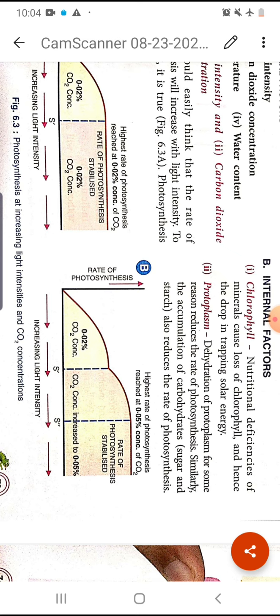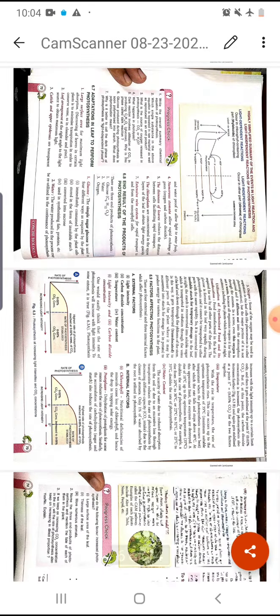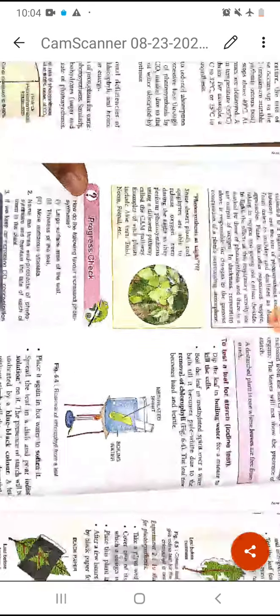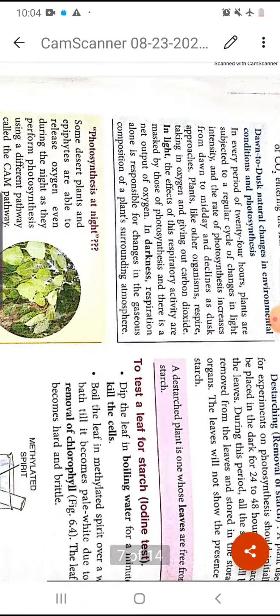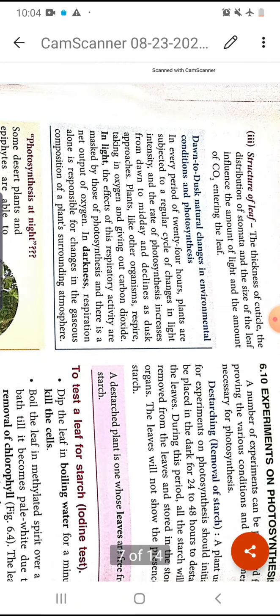Okay, if the water content of protoplasm reduces, then it will also reduce the rate of photosynthesis. And the structure of the leaf, the thickness, the surface area, will affect the rate of photosynthesis; sometimes it will increase or sometimes decrease it.